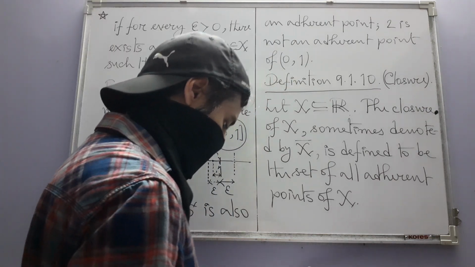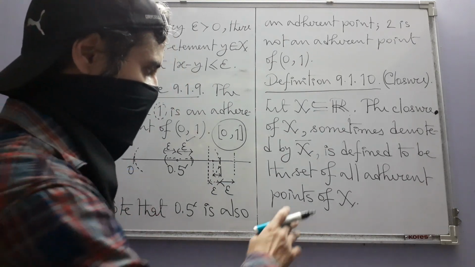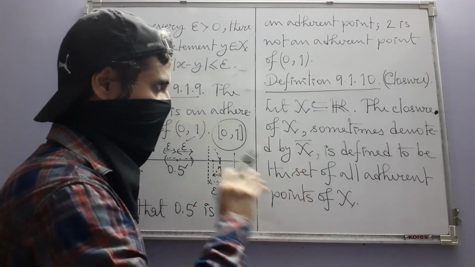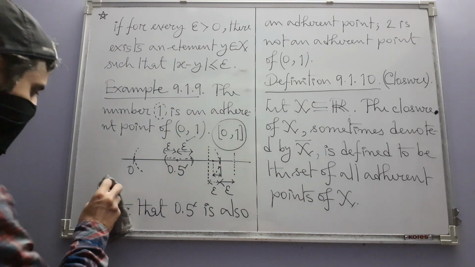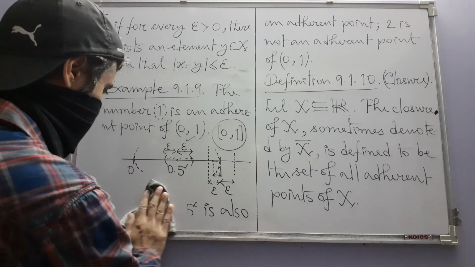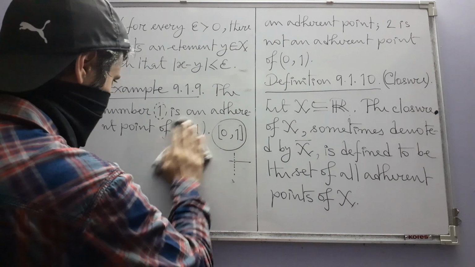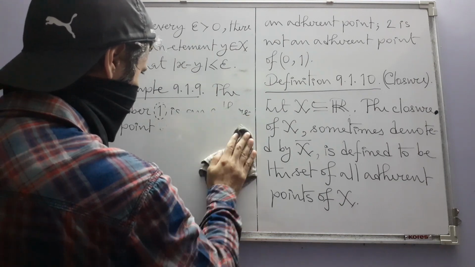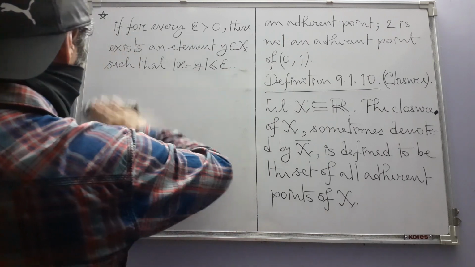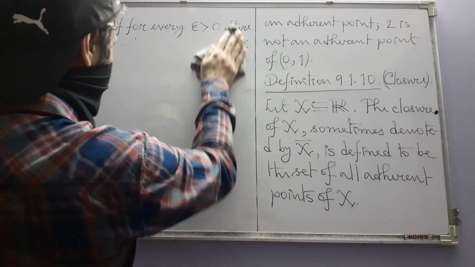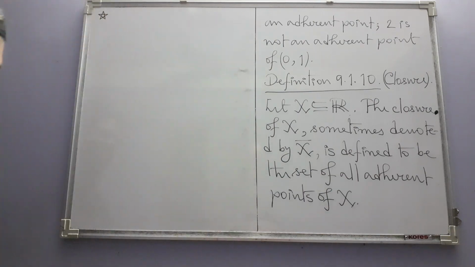But now, before we end the video, let's just mention a lemma which lays out the basic properties of closures of sets. And the very first property tells us about this observation that we have made about adherent points, that any element of a set is also its adherent point. That is the first property, and there are others also.